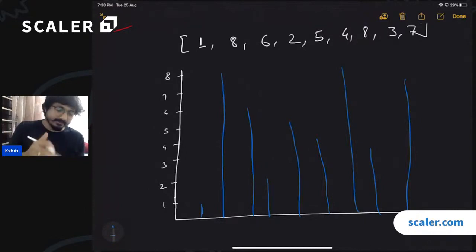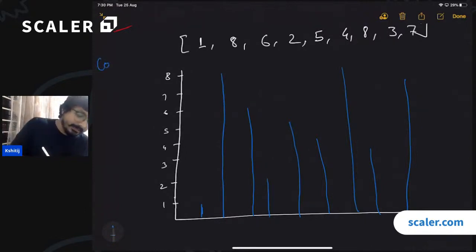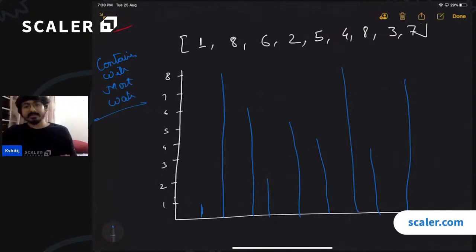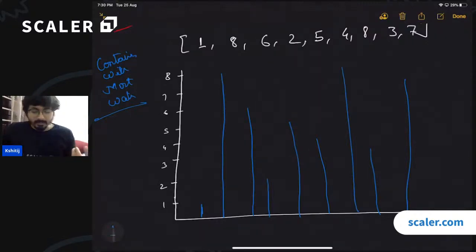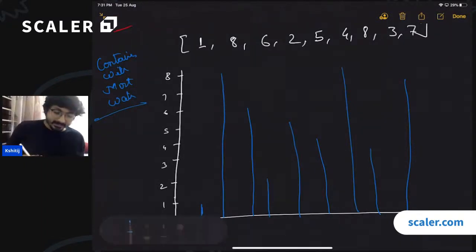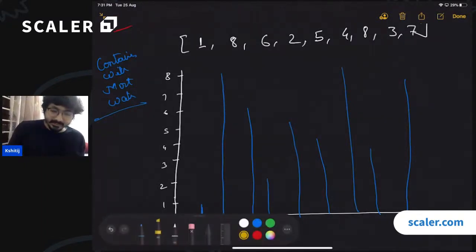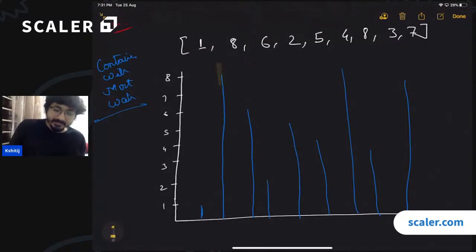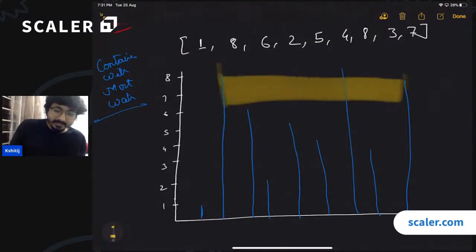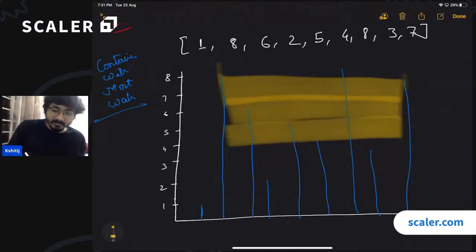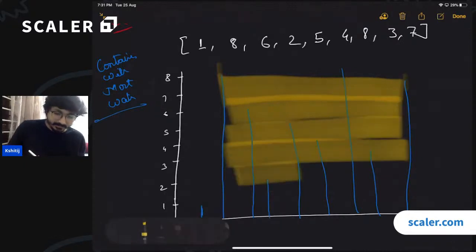Rainwater, right? This problem is also called container with most water. So you have to create a container using these bars such that the volume of the water, so volume is not a 2D thing, but hypothetically, the volume of the water should be maximized. So in this case, if you select this bar and this bar, in that case you will be having this much of water inside them, right?